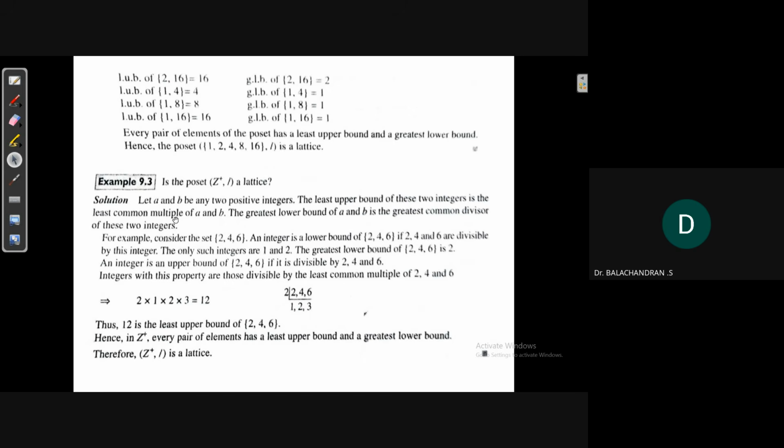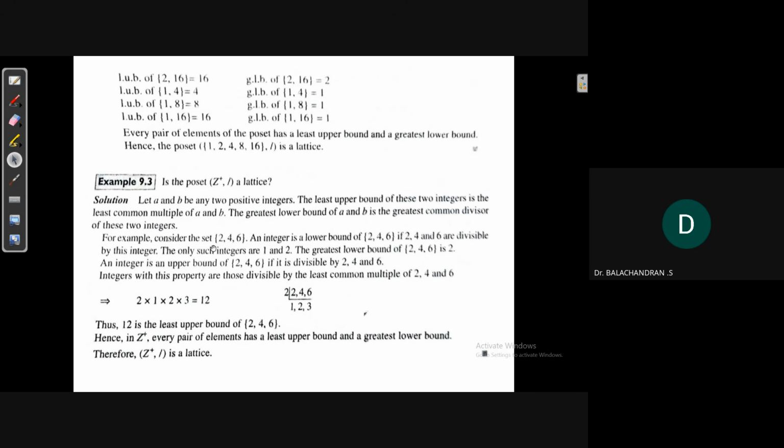The first two and a half lines are the answer for this question. If you take any two elements from Z plus, the least upper bound of A and B is the LCM of A and B, which exists. Similarly, the greatest lower bound is the GCD of A and B, which also exists.